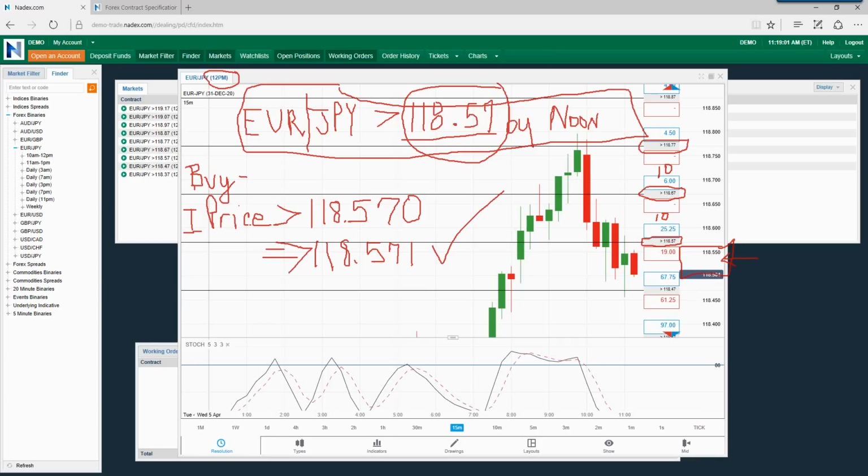Now, what happens when we sell? Okay. When we sell, then we believe that the strike statement will not be true. Okay. What would make this strike statement not true? Okay. If the indicative price equals or is less than 118.57, then that trade would receive the payout.